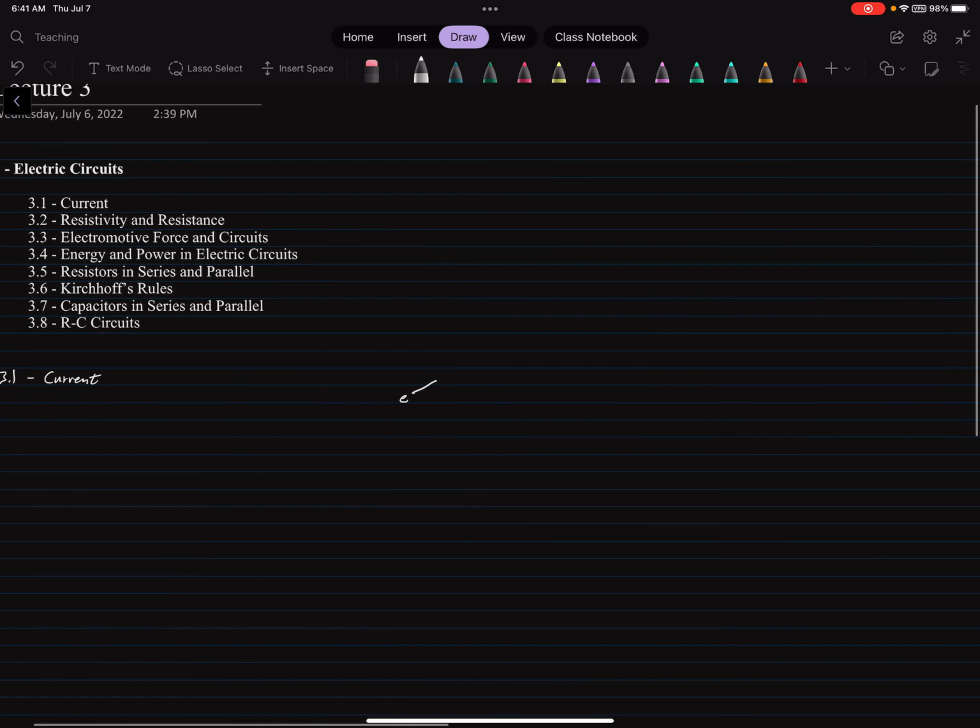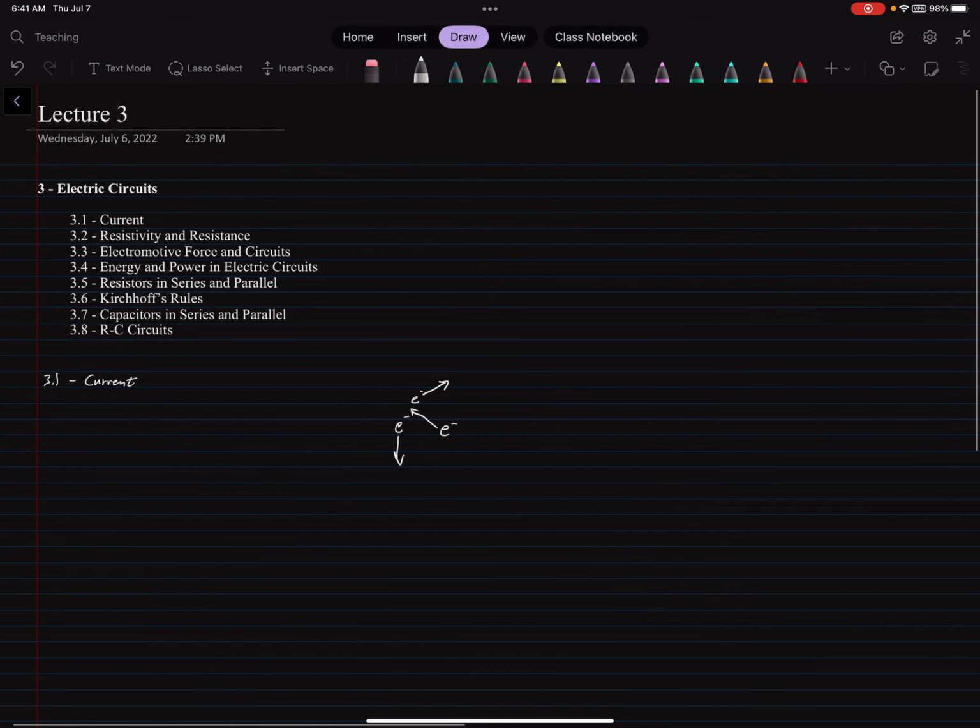So you might have one electron moving this way, another electron moving that way, another one moving this way. I guess these would all get a minus sign. So they're moving a lot, but kind of like molecules in a gas, right? But they're moving even faster, so 10 to the 6th meters per second.